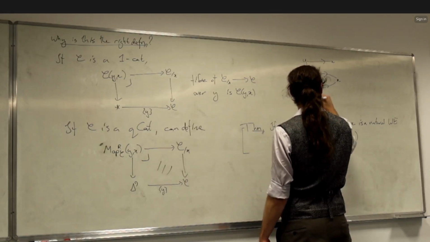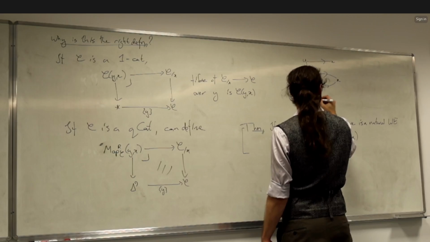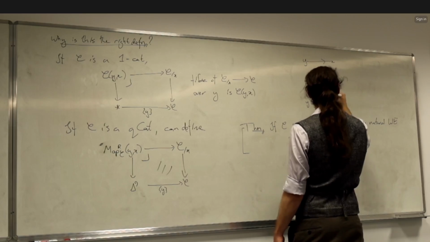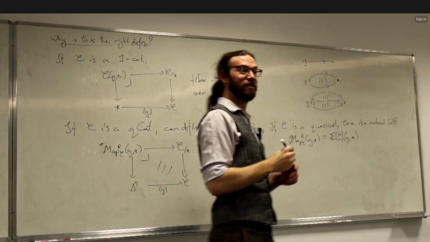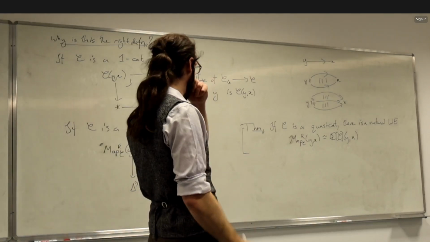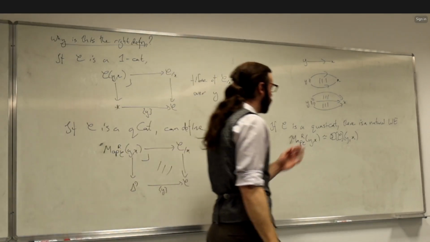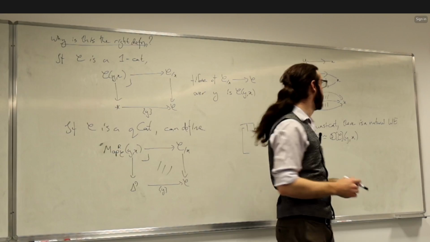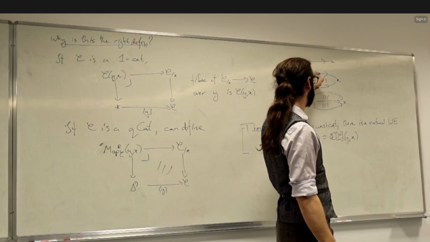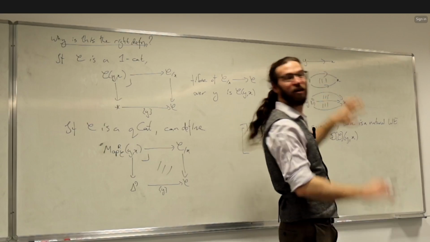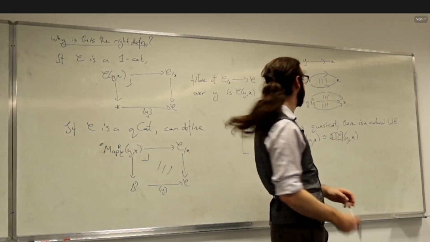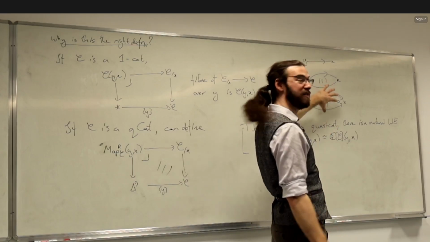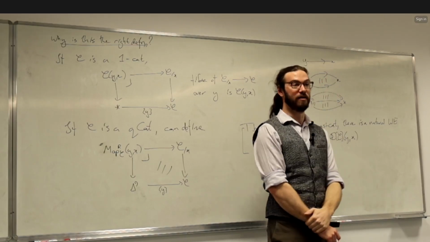The two simplices are going to be, once again, more or less what you'd expect, and so on and so forth. So it really does look like this is what you would expect a mapping space to be, right? A one simplex is going to be a pair of morphisms and a homotopy between them, however you want to define that. And a two simplex is going to be a trio of morphisms and coherent homotopies among them.